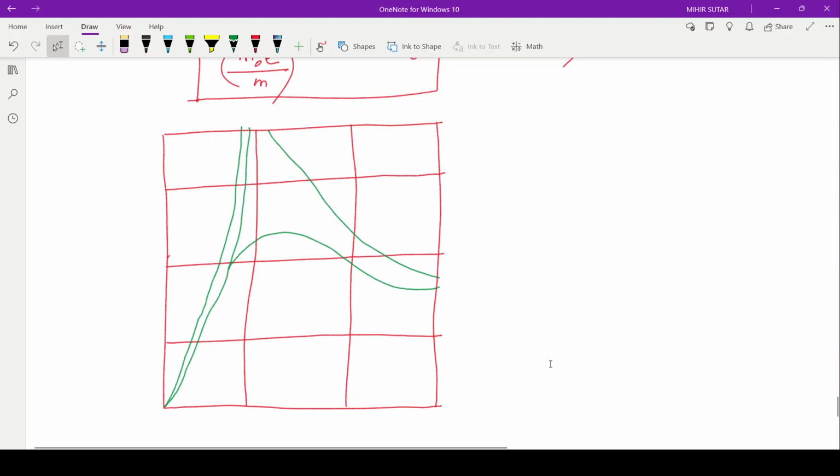So if we plot this, this is for zeta is equal to 1, for zeta equal to 2.